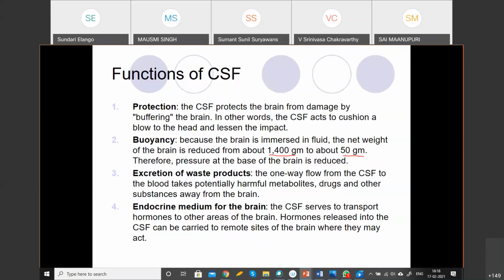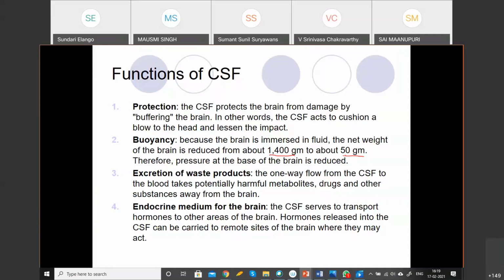So they carry signals. Hormones released into the CSF from one part of the brain can float along with CSF and act on a different part of the brain. That way you can see that CSF actually participates in the brain's communication. So now you can start roping in CSF into the brain's communication network.